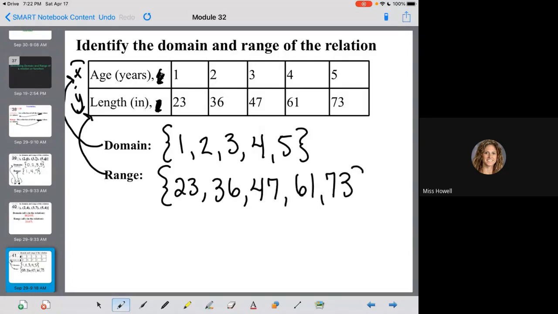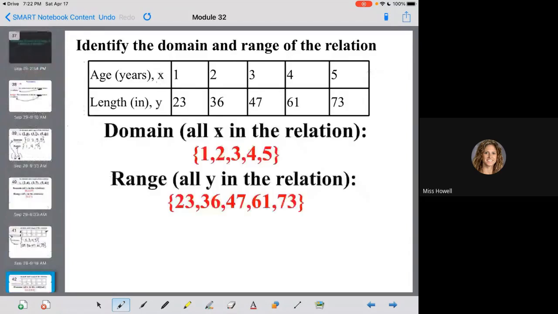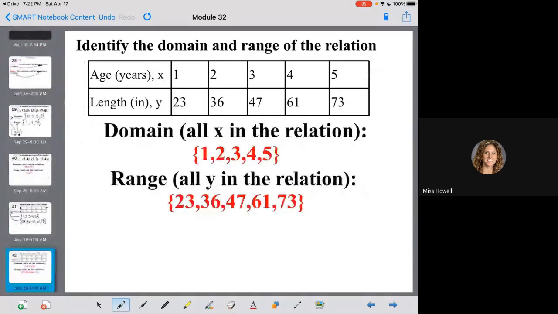Those are all the possible range values for this particular function, which we can tell that this one's a function because for each domain value, there's only one range, right? There's nothing relisted up here. So it is a special type called a function. And so when we're done, we should have 1, 2, 3, 4, and 5 describing our domain, and 23, 36, 47, 61, and 73 would be the values that would describe our range.